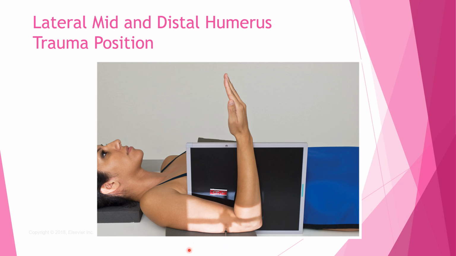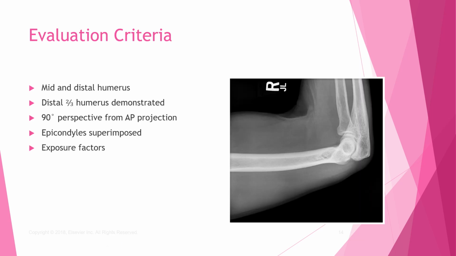So this is also called a cross-table lateral. When you do that, this is what your image would look like. So it looks like you did a lateral by moving the patient, but in reality, you did get a lateral image of the bones, but you did it by manipulating the beam to a horizontal beam.